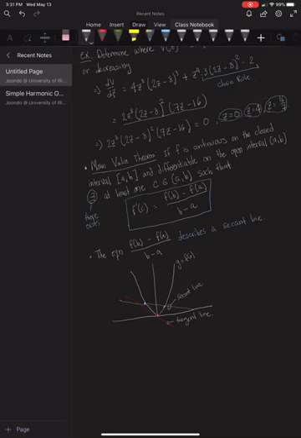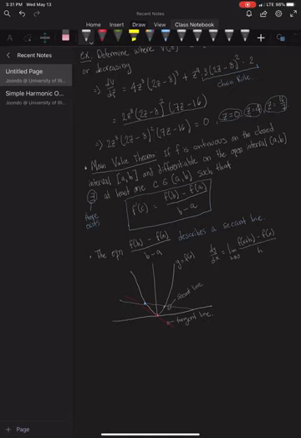Well, we previously said that dy/dx is equal to the limit as h tends to 0 of f of x plus h minus f of x all over h, right?